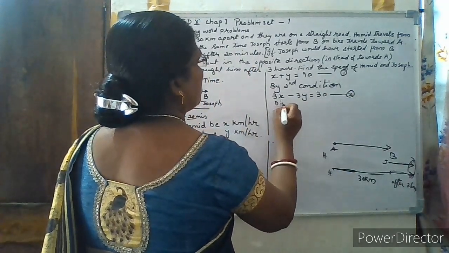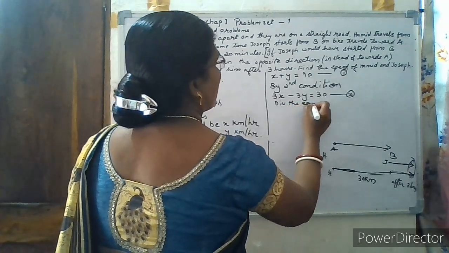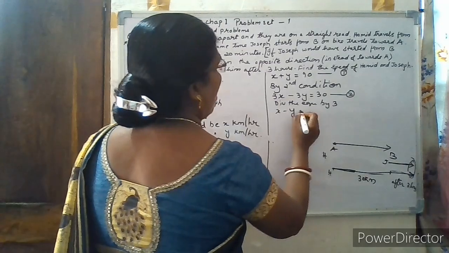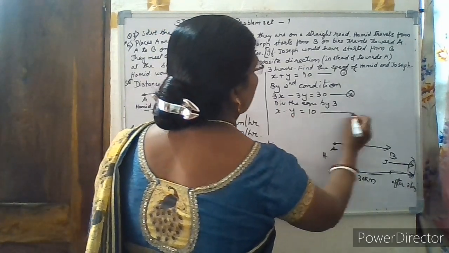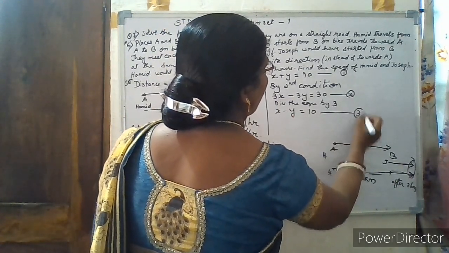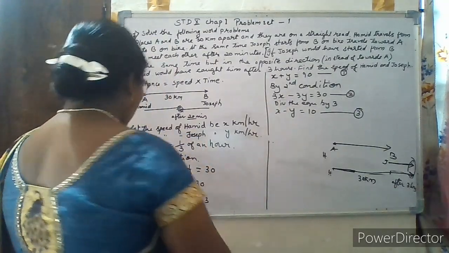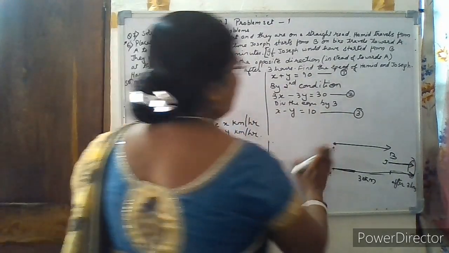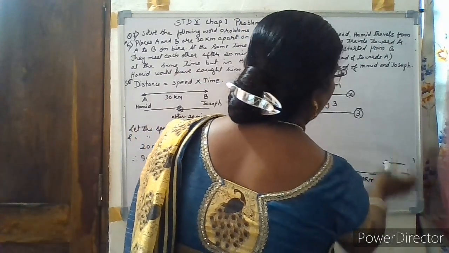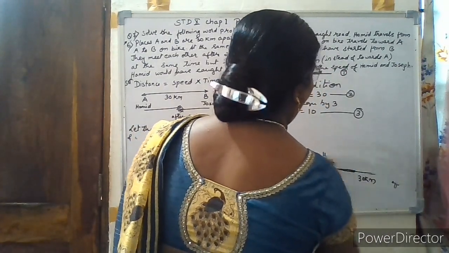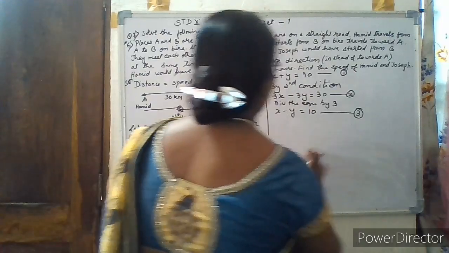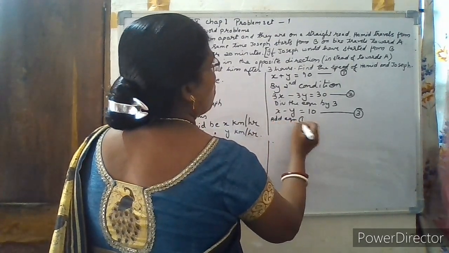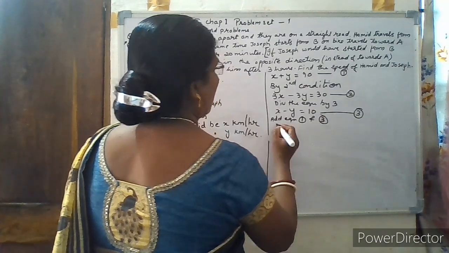Now let us bring it to the simplest form. Divide the equation by 3. So we get x minus y is equal to 10. This is equation 3. Now equations 1 and 3 are very simple linear equations. Let us add equation 1 and 3.